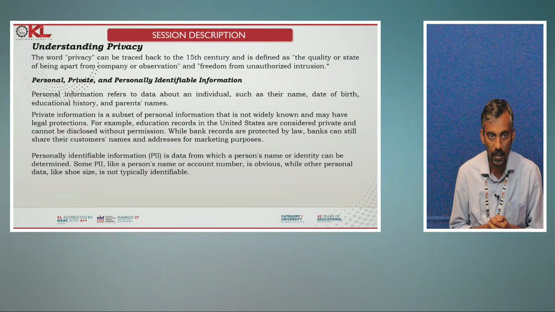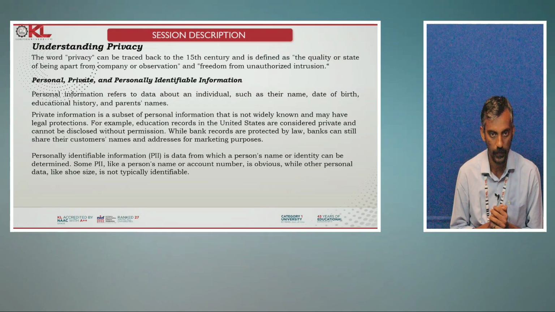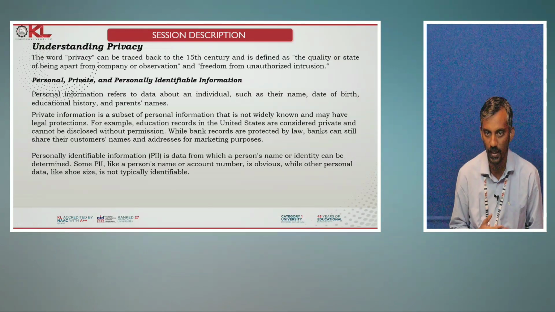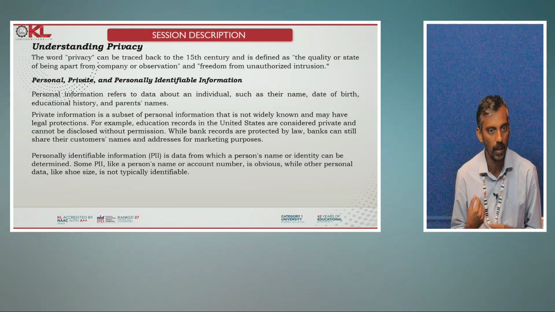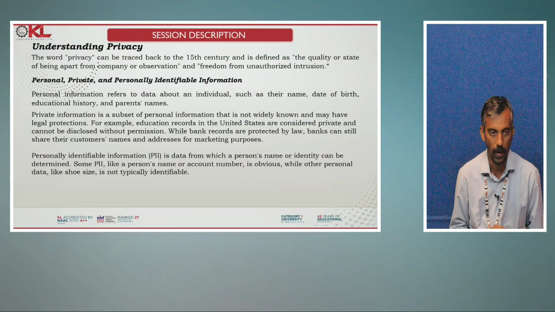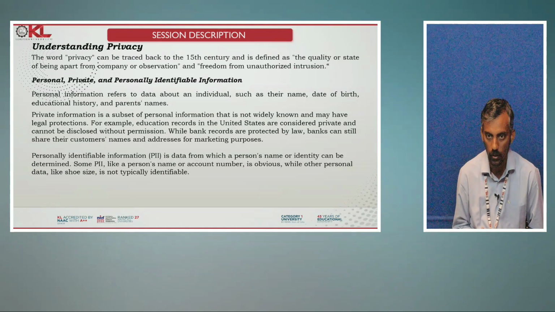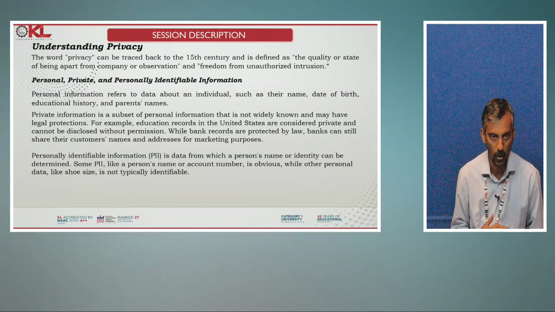Personal information refers to data about an individual such as their name, date of birth, educational history and parents' names. Private information is a subset of personal information that is not widely known and may have legal protections.